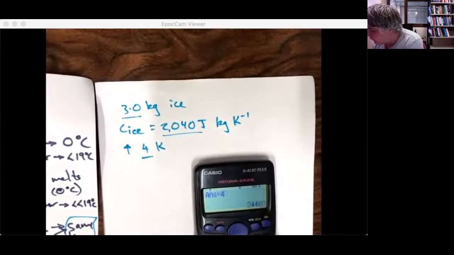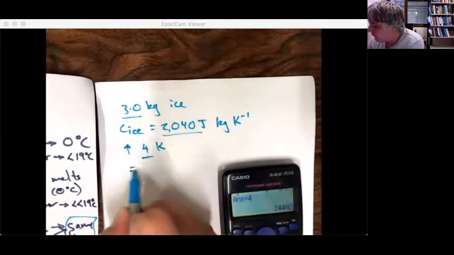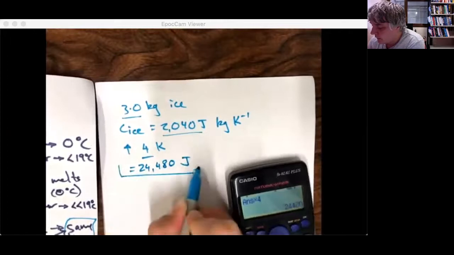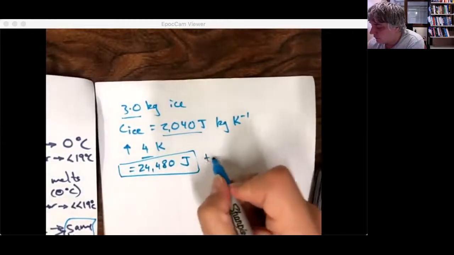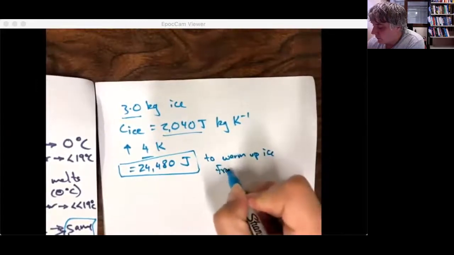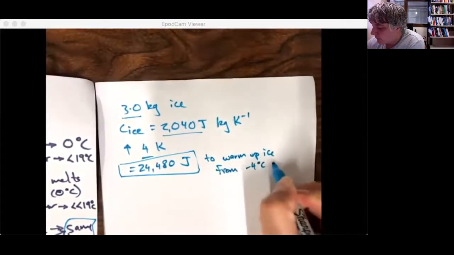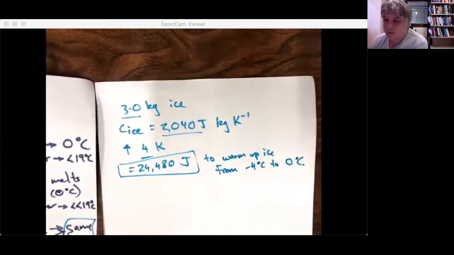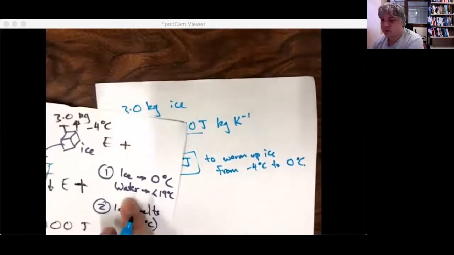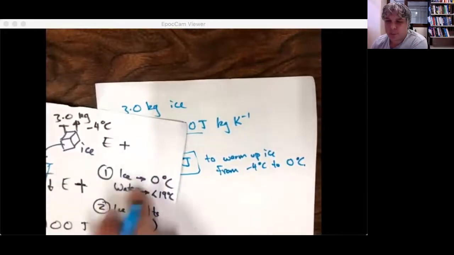So we multiply it by 4, and that tells us 24,480 joules. So that is to warm up the ice from -4 Celsius to 0 degrees Celsius. And that was what we said was step 1: moving ice from -4 up to 0.